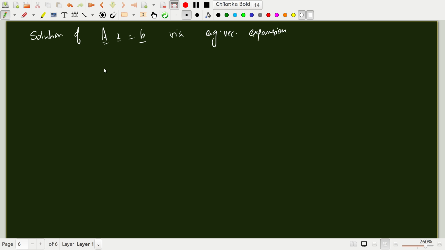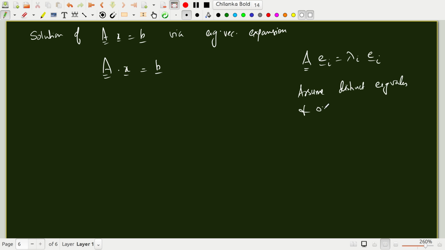You have Ax is equal to B, and let's say the eigenvalue problem for this same matrix A is A ei is equal to lambda i ei, and I am going to further assume distinct eigenvalues and orthonormal eigenvectors.